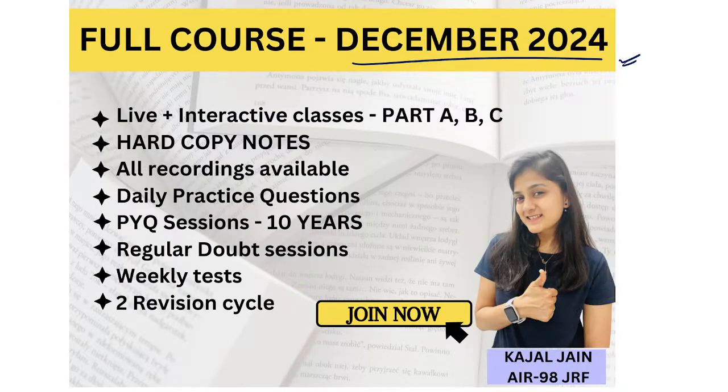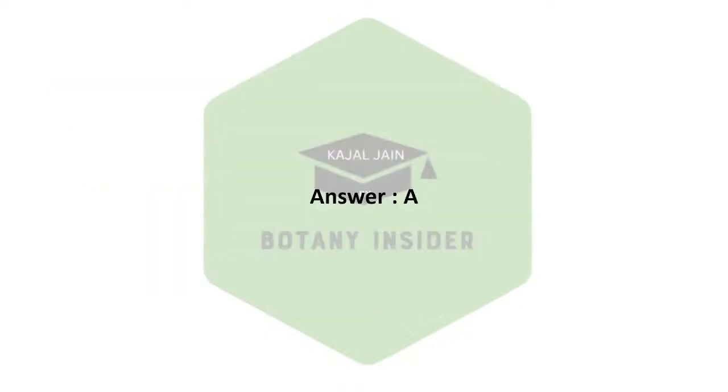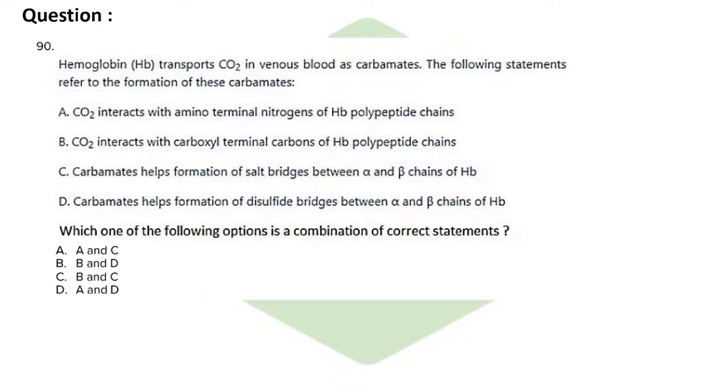So this is the very first question for you all, everyone. The question is: hemoglobin transports carbon dioxide in the venous blood as carbamates. The following statements are given with reference to the formation of these carbamates. Which of the following options is the correct one? First option: CO2 interacts with amino terminal nitrogens of hemoglobin polypeptide chains.